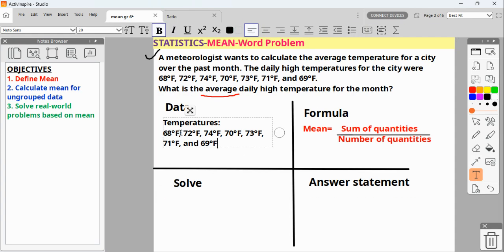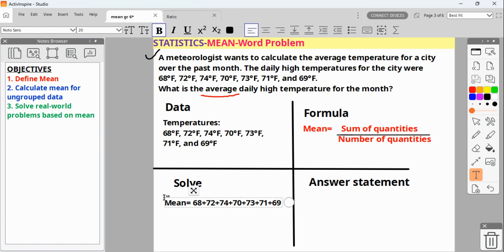So what I will be doing, I can write here mean, as we have already written the formula, so we will directly put the values in. Mean is equal to 68 plus 72 plus 74 plus 70 plus 73 plus 71 plus 69.